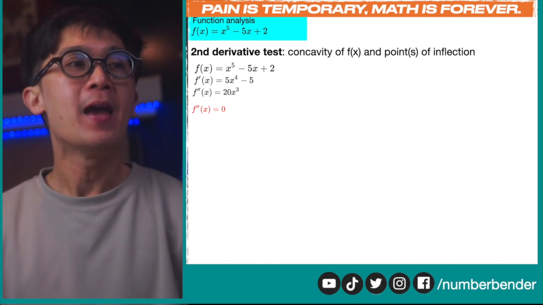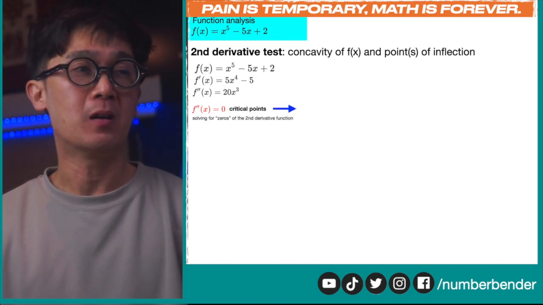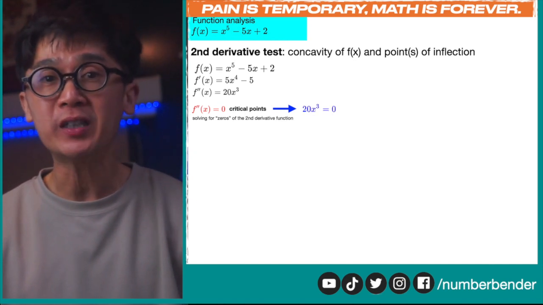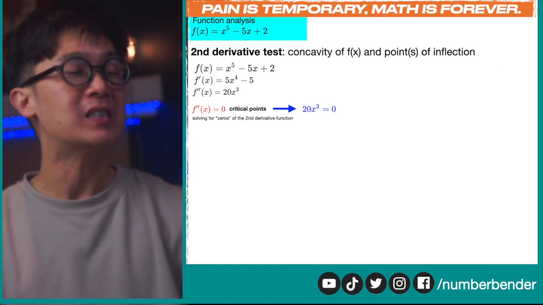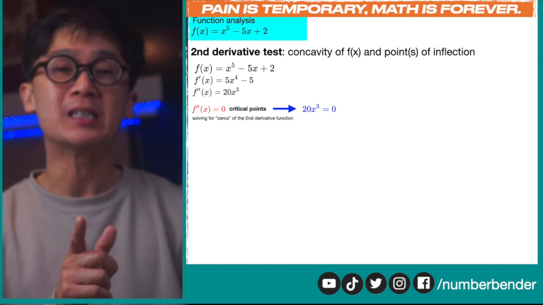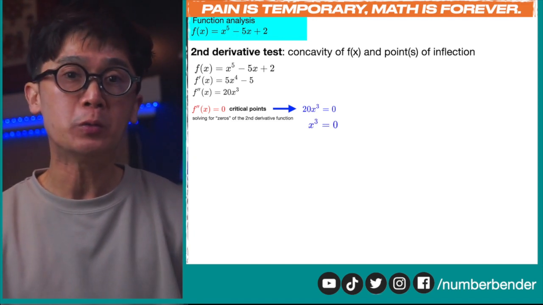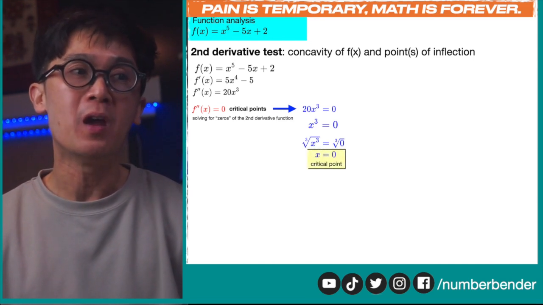So let's see. 20x cubed equal to 0, which is by using algebra, we'll be able to find the critical number or critical points of our second derivative. So 20x cubed is equal to 0. Divide both sides by 20, and we'll have x cubed is equal to 0. Take the cube root of both sides, and we'll have x is equal to 0.